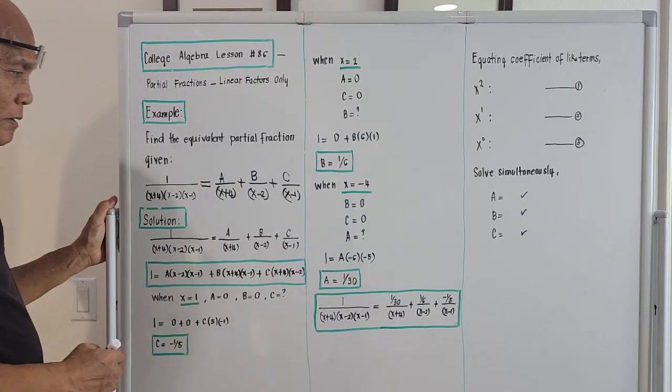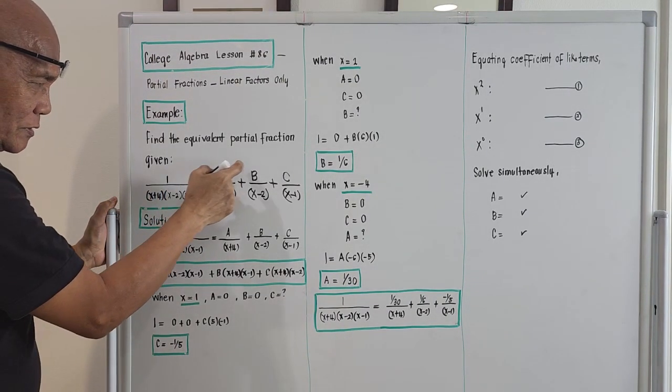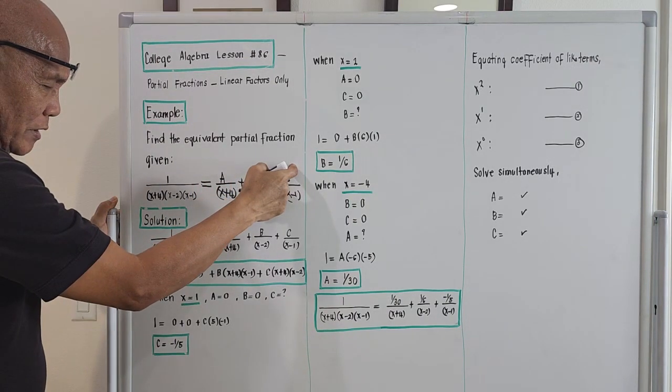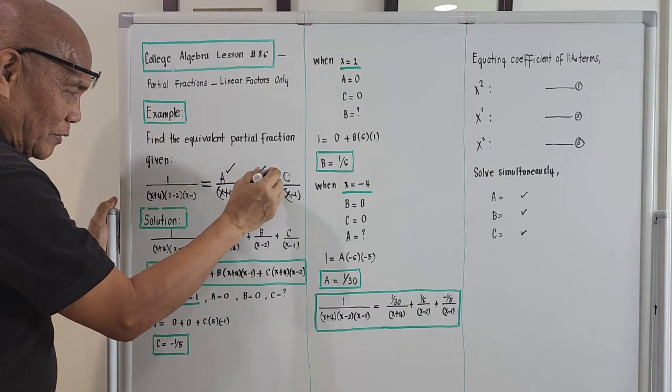So if there are three linear factors, there should be three coefficients. We must compute for the value of A, the value of B, and the value of C.